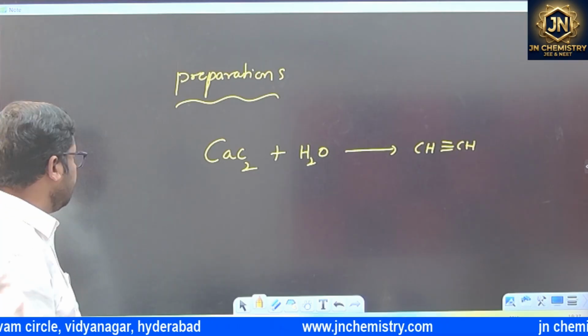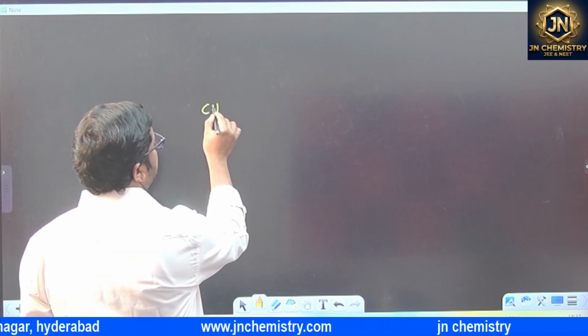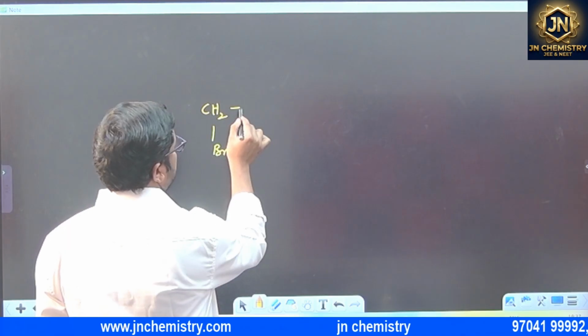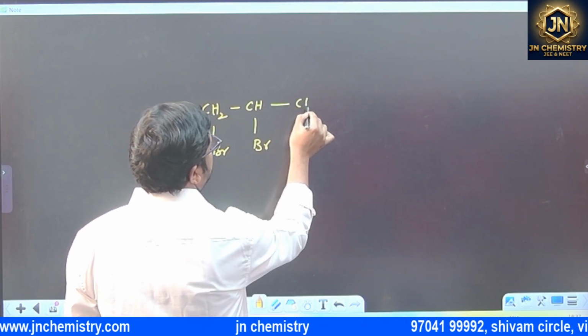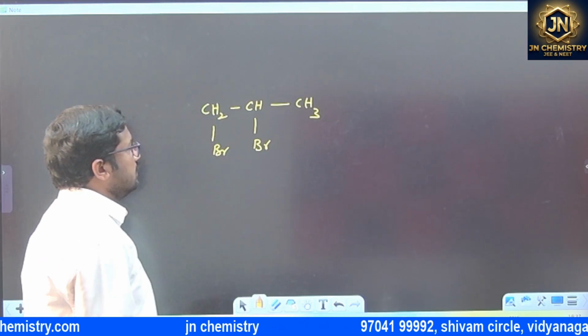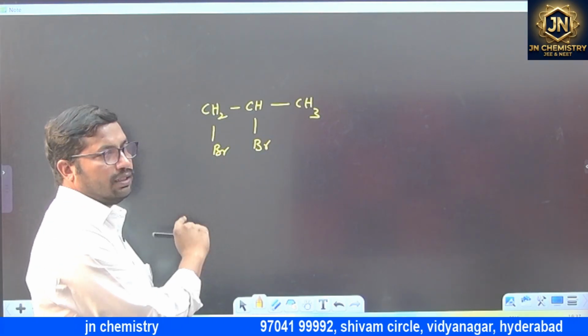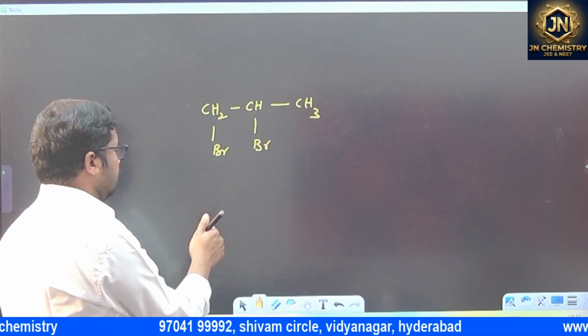So from vicinal or geminal dihalides. For example, CH2Br, CHBr, for example, CH3. Right? This is geminal. Geminal means same carbon. Vicinal means adjacent, like this.